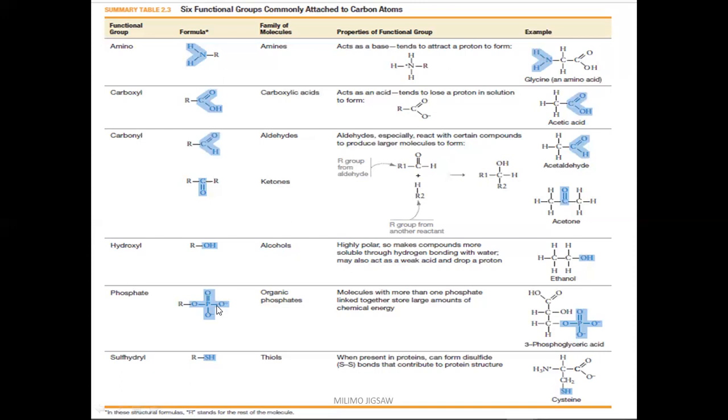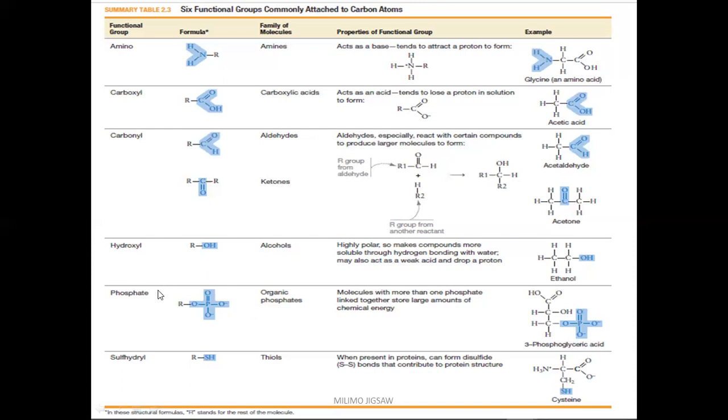So we know the phosphate group is found in biomolecules of nucleic acids and also in certain lipids, the phospholipids. Remember that the presence of the phosphate group in DNA is responsible for the acidic nature of DNA.